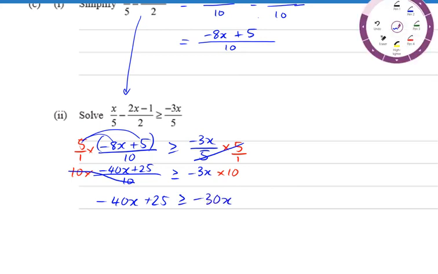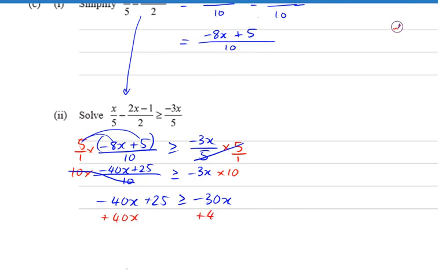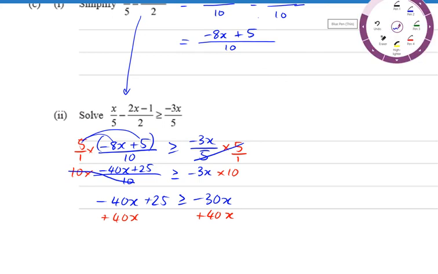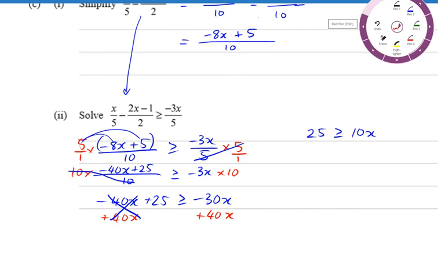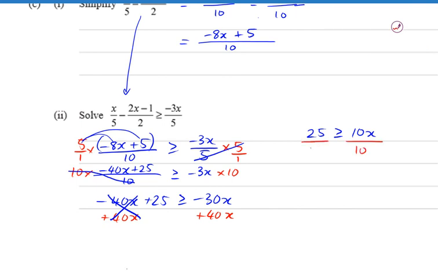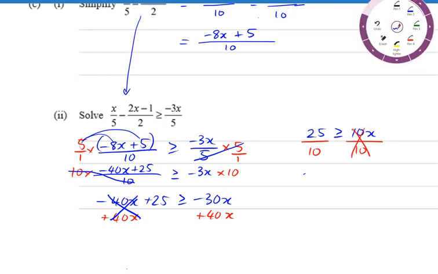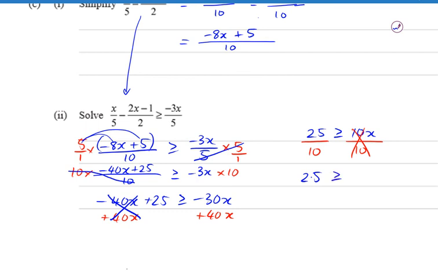Now I want to get my x's all on one side, so I'm going to add 40x to both sides, and that has eliminated negative 40x from that side. And so that gives me 25 is bigger than or equal to 10x, and now I'm going to divide both sides by 10, so my 10's cancel out off that side, and I'm left with 2.5 is less than or equal to x, or I could say that x is less than or equal to 2.5.